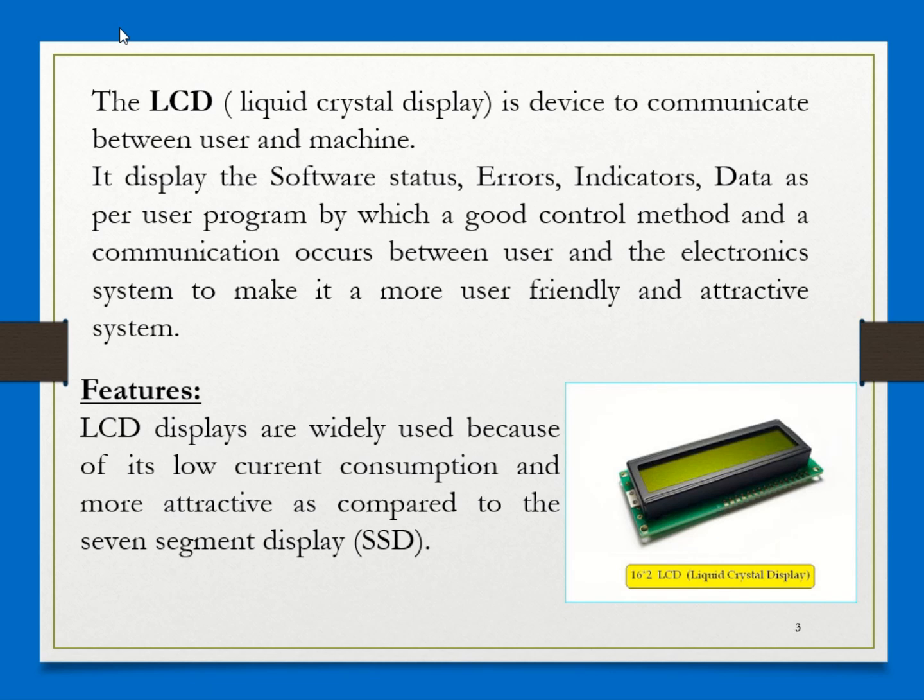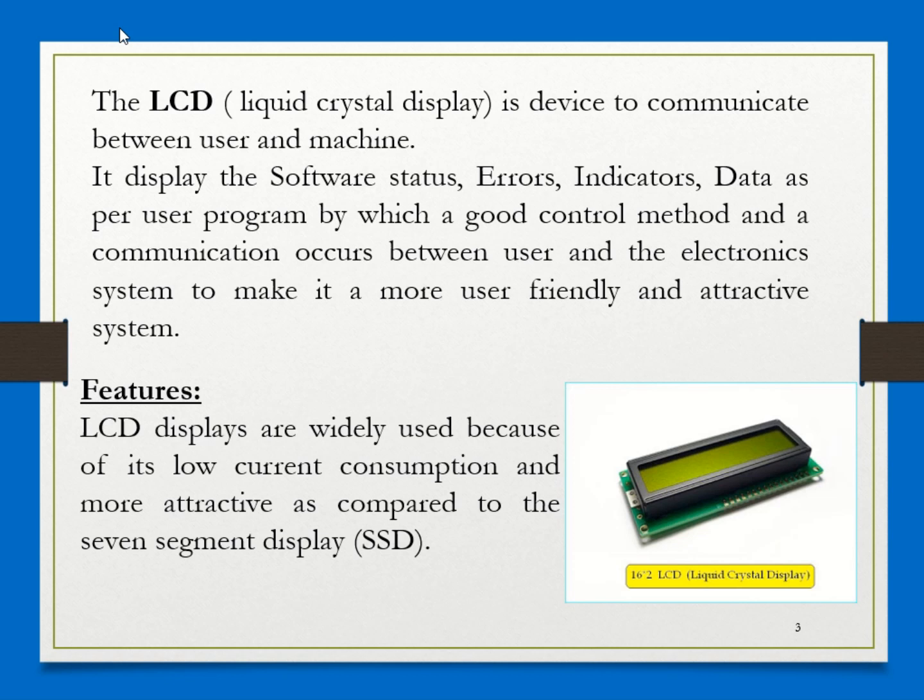LCDs are very popular now because they give a very easy interaction between the human and the machine, where it can be used to display some status, some indication of the condition or the data, and it is very user friendly. And the most important feature of LCD is that it consumes very low current compared to a 7-segment display.